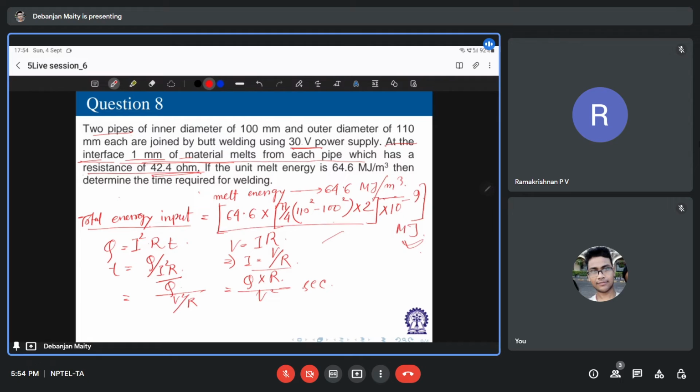If this is say X megajoule, maybe we can find out in terms of X joule. So X into resistance 42.4 divided by 30 square, right?